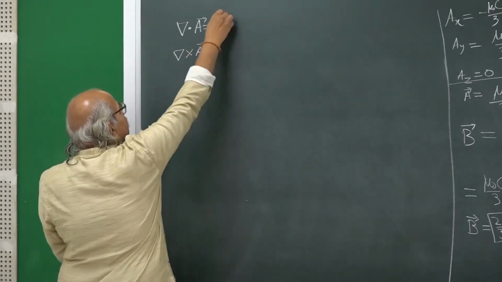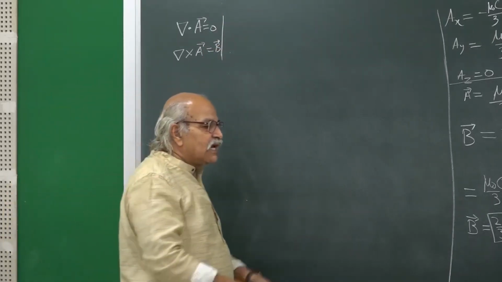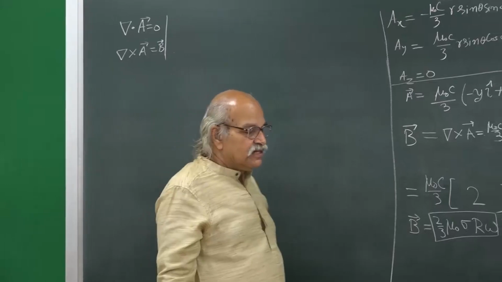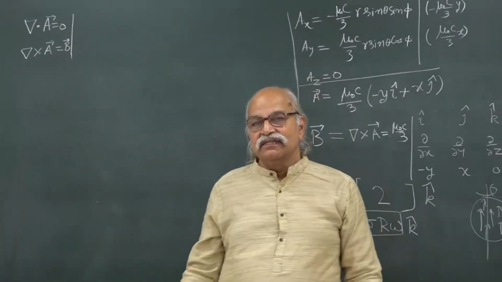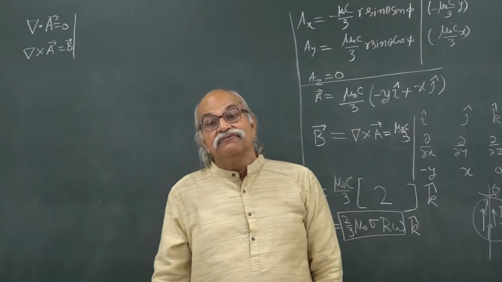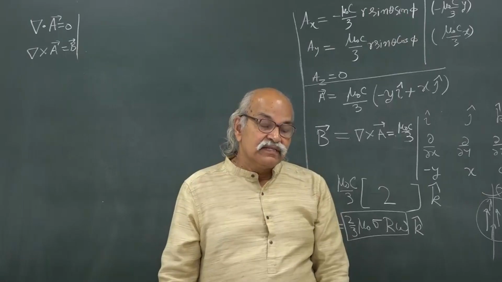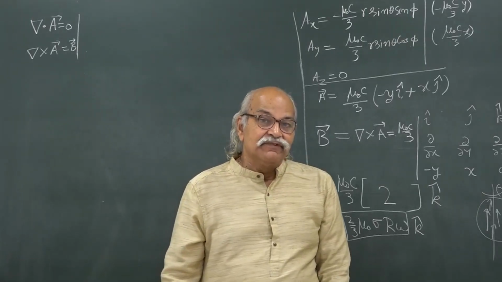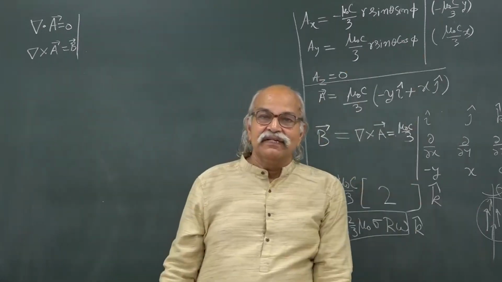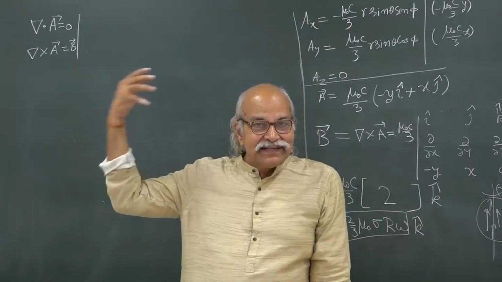And why are divergence and curl given so much importance? Because once you know the divergence everywhere of a field, once you know the curl everywhere in the space, and if you know the value of that vector field at the boundary, and if your boundary is at infinity, normally it is 0, the magnetic field, everything is taken 0 there.